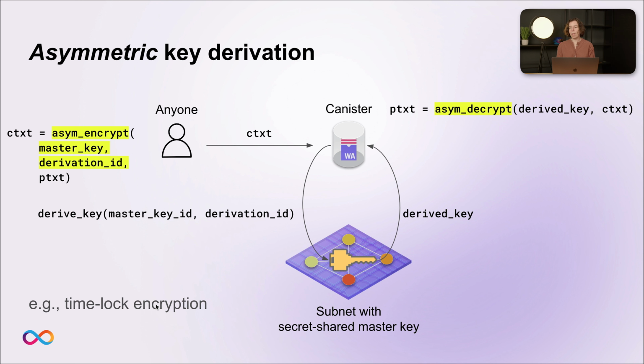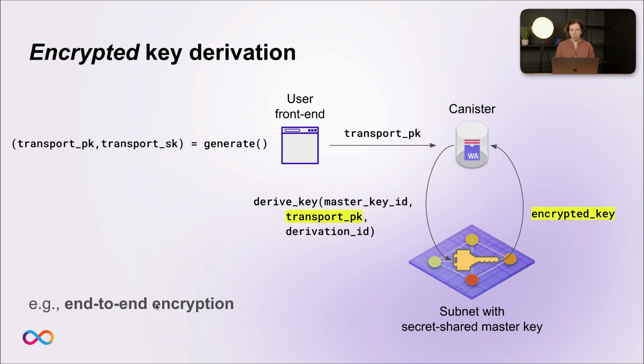And again, in blockchains, there's always a question of trust. How much do you trust the nodes in the subnet? How much do you trust the canisters? Who do you want to see what? It would be great if somehow the nodes could derive an encrypted key for you so that you can be sure that nodes will never see the key material that you want. And there you have much more security. How do we do this?